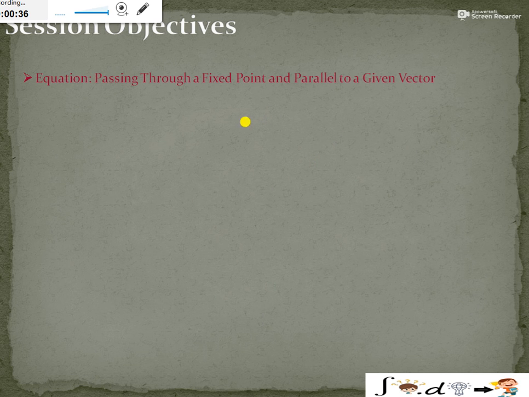First of all, we have the equation of a line passing through a fixed point and parallel to a given vector. Second one, the equation of line passing through the two fixed points. In 12th class, we have the two main topics: equation of a line passing through a fixed point and parallel to the given vector, and equation through the 2 points.